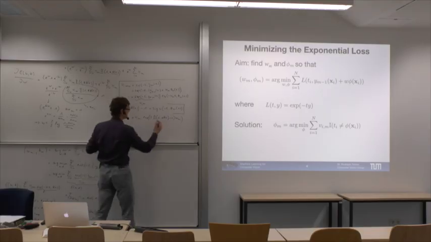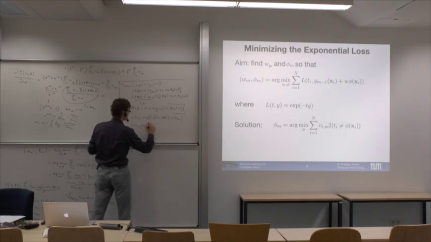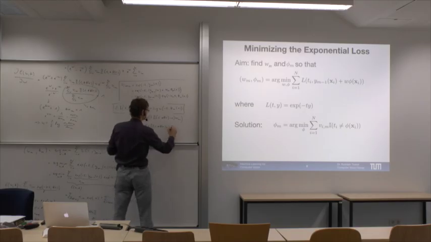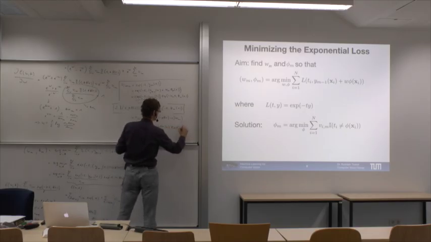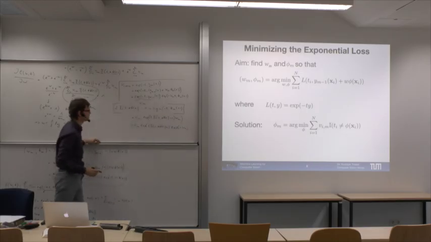Now this is again a sum. That means that we can do this like this. Exponential of 2 times indicator function Ti not equals phi of xi times W times something like this here.